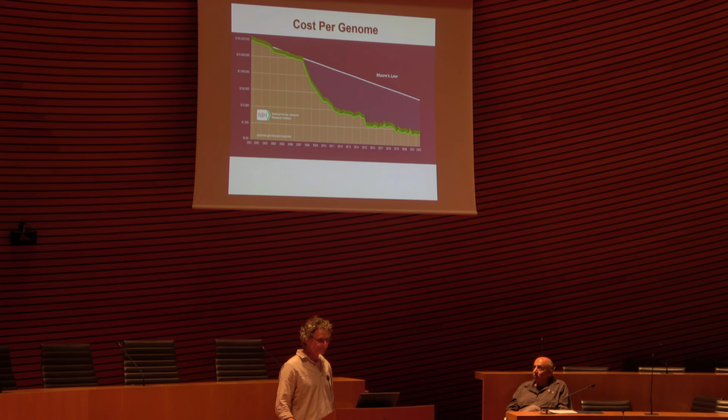If we look now at the sequencing cost, I guess most of you are familiar with this diagram. At the beginning, when they completed the Human Genome Project, the cost, they said, was $100 million. Eventually it was much more, 2.7 billion.